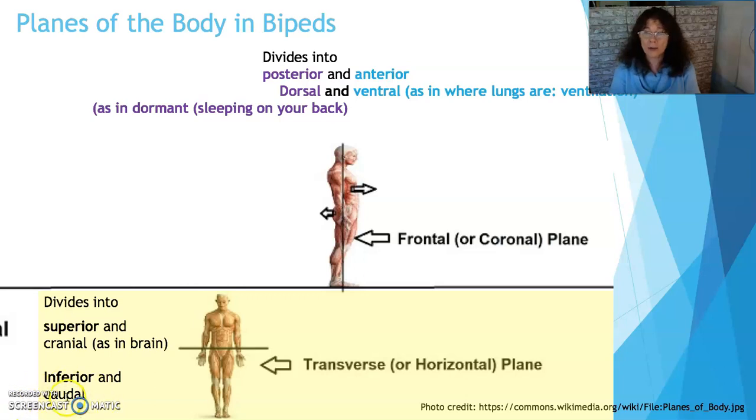Or caudal. Caudal is tougher to remember. Caudal is a word in Latin that means tail. If we talk about the lower half of the body, that's the half that usually contains the tail. In fact, we have an old tailbone, our coccyx. It is in the caudal aspect of the transverse plane.